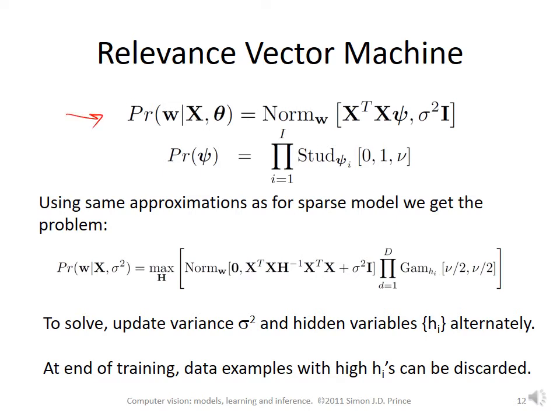So if we look at the mathematical formulation of that, it is still a Gaussian process regression like we had before. Of course, we've substituted for phi to have our x psi. But now, instead of having a prior on phi, we have a prior on psi. Our sparse prior is still a product of student t distributions, one for each dimension.